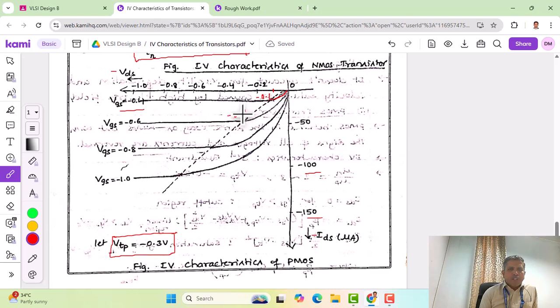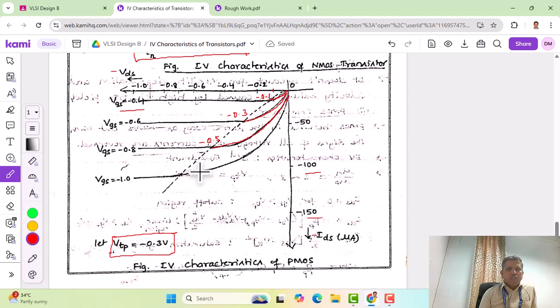Till that there will be a linear region, and here we have minus 0.5 because of VGS equals minus 0.8. You subtract minus 0.3 from this, so you get minus 0.5. So we have a linear region here till minus 0.5 volts.